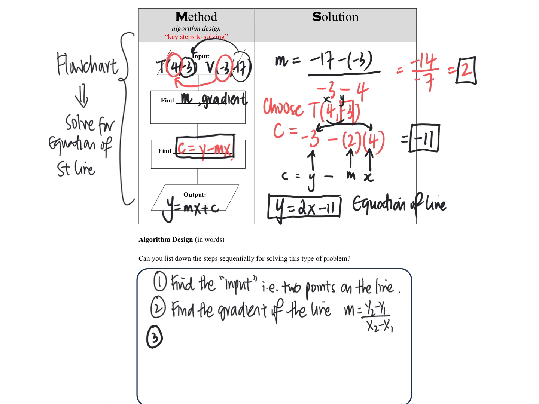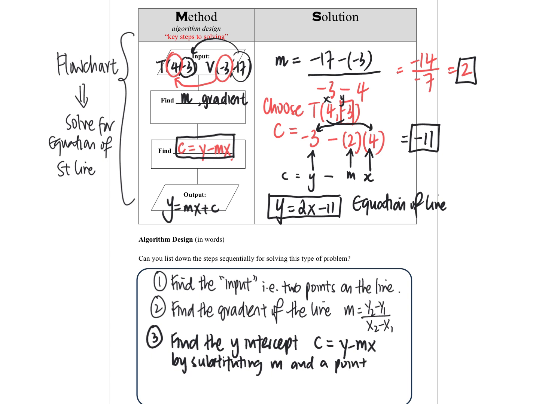Okay, third step. What do you need to find in the third step? Find the y-intercept. c equals y minus mx, by substituting m and a point. So here gives you m, here gives you c.